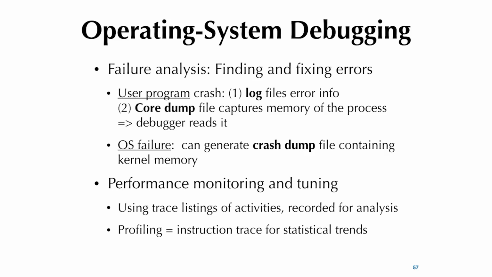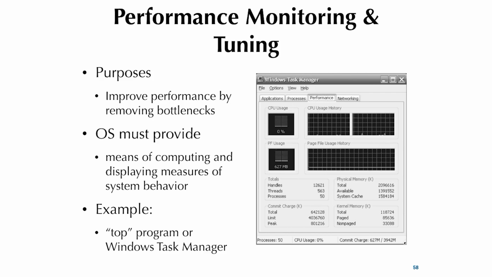Performance monitoring lets you do the tracing, the listing, the profiling, so you can get statistics on how your program is spending time or how the OS is spending its time. So there are different tools for this, really just to help you improve your system, remove bottlenecks, know where the bottlenecks are. So in Unix, the program called top, if you haven't tried it, try it.